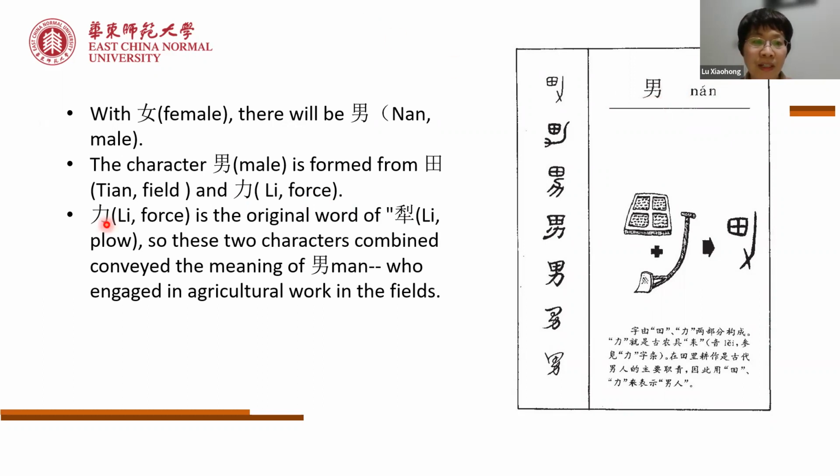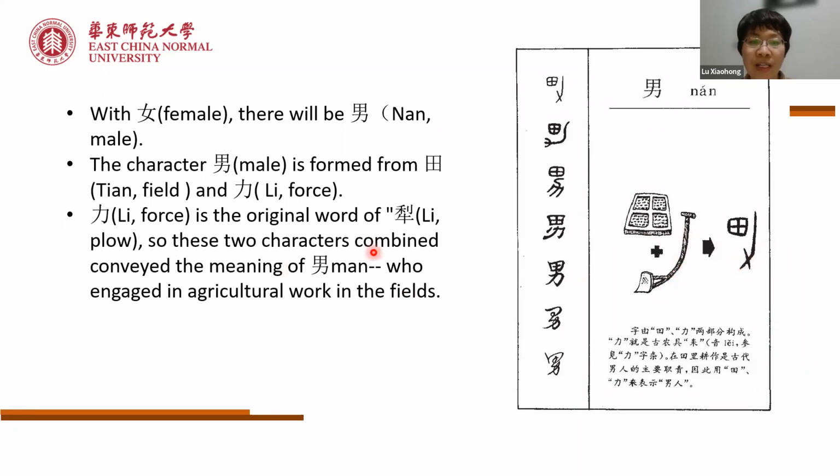So here, this is the original word of li. Li means plow. When a man is working in the field, he uses this plow to plow the field. Of course, he needs to use a lot of power to do that.